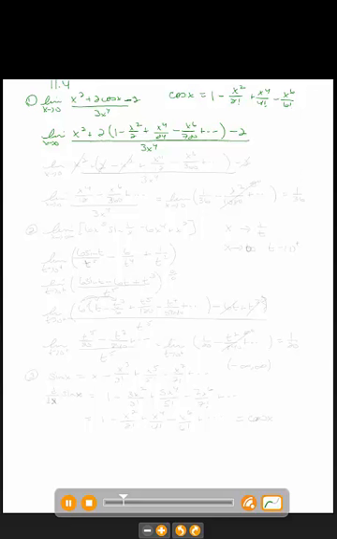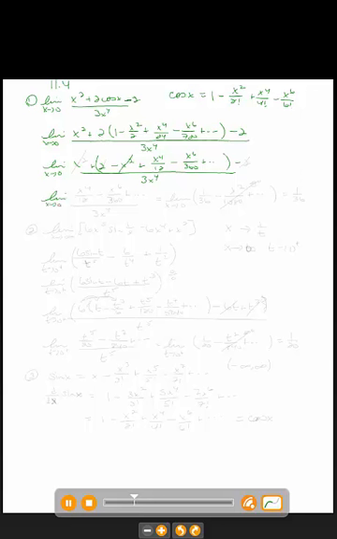Okay, to simplify this, let's put the 2 through, and I'd get x squared plus 2 minus x squared plus x to the fourth over 12, minus x to the sixth over 360. We've got to put it in here because of the dots. Minus 2, all over 3x to the fourth.